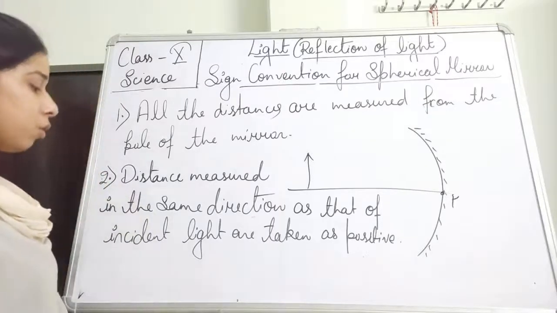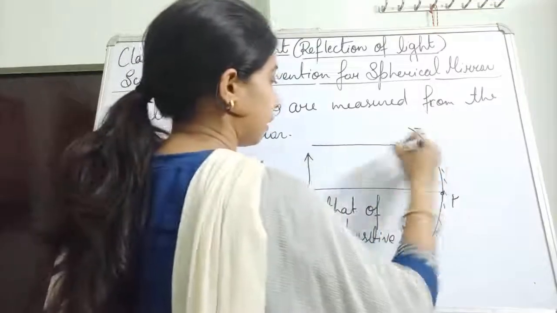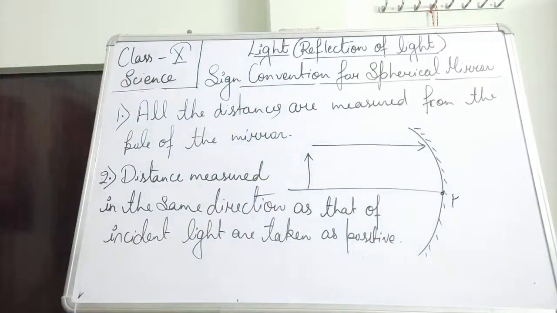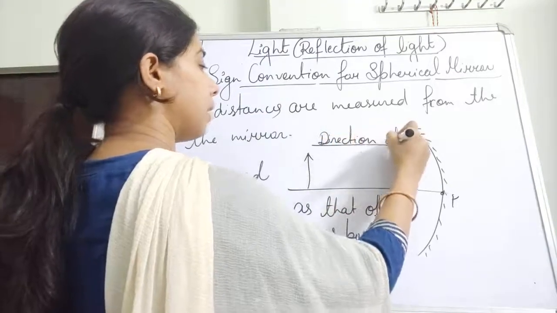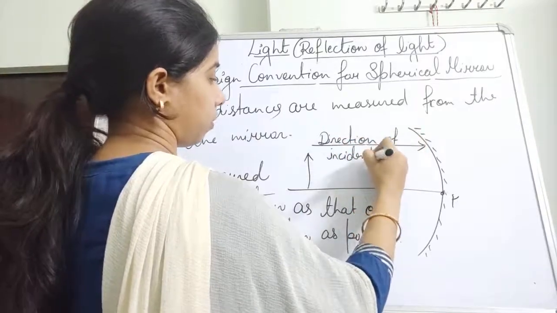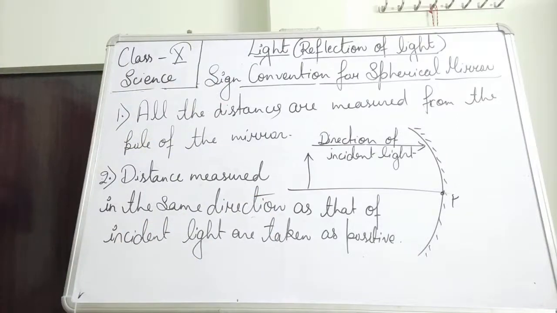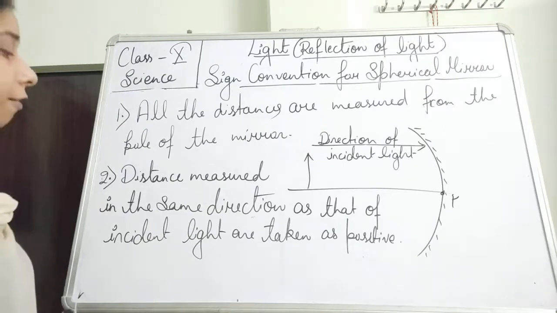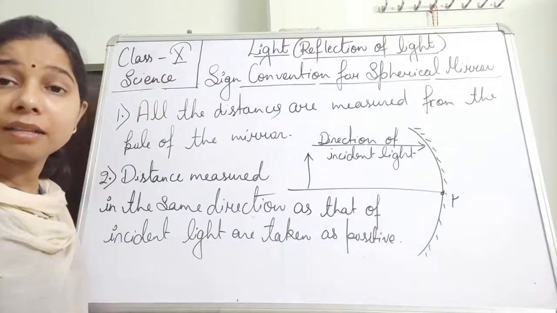What does that mean here, student? It means if the direction is towards the direction of the incident light, you can see here, the direction of incident light, if the direction of incident light is towards the mirror, then we will take it as positive. If the distance is measured in the direction of the incident light, it is taken as positive.